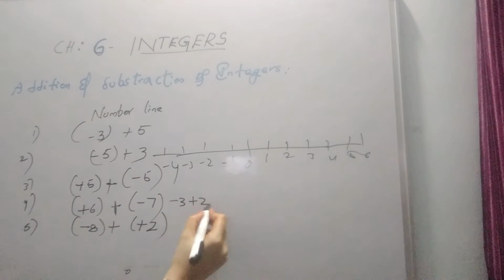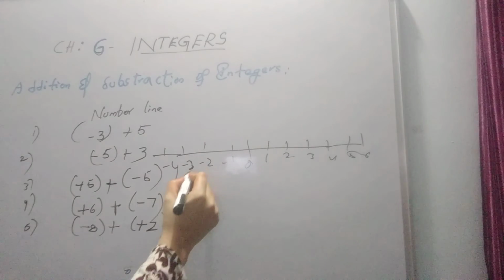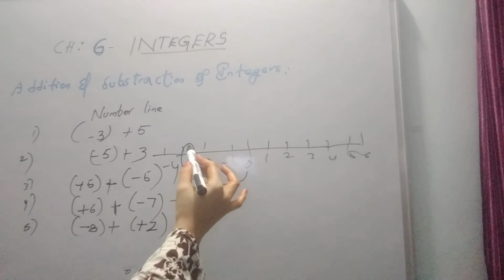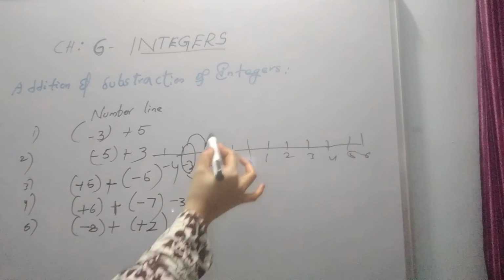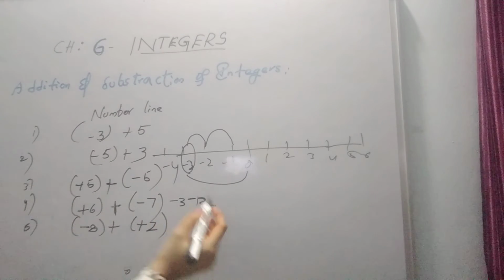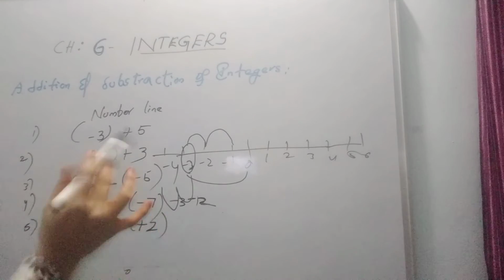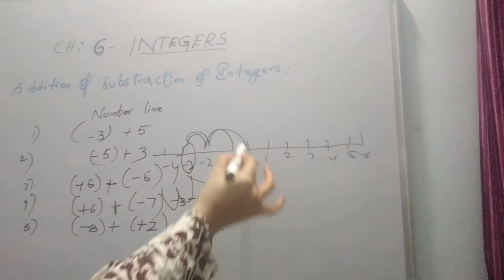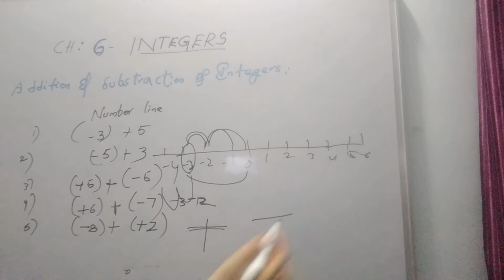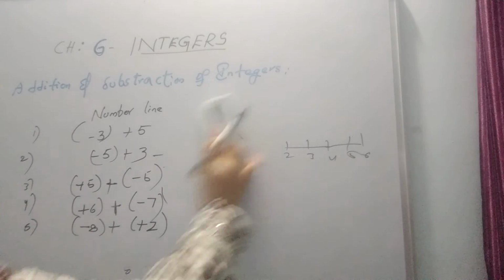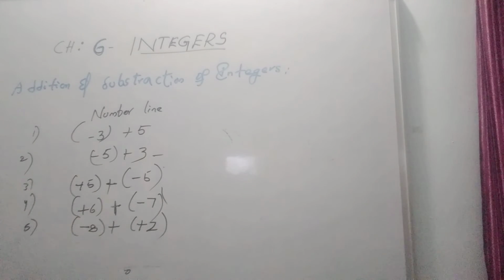For -3 plus 2, we have to reach -3 directly from 0, then plus means you jump to the right side, 2 jumps, 1, 2. If you get -2, that means you jump to the left side. If we put a plus symbol, you jump right; if we put a minus symbol, we jump left. Please remember these points, do the homework and comment your answers.